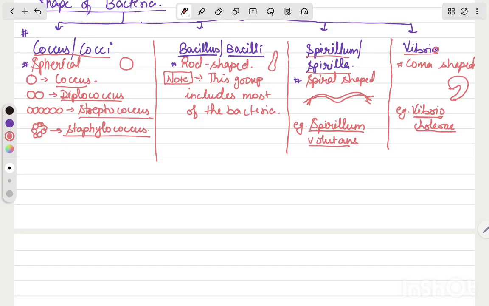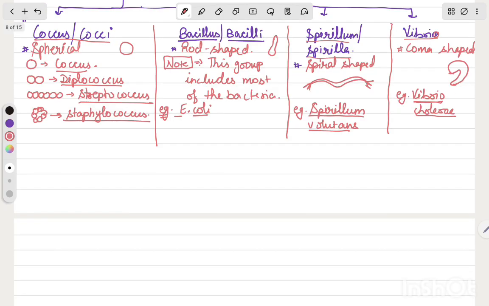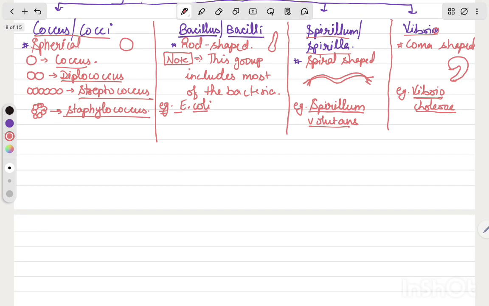One most famous example of bacillus or rod shaped bacteria is E. coli. E. coli is a rod shaped bacterium. And in spherical, Streptococcus pneumonia, Staphylococcus is the category of bacteria on which Alexander Fleming was working.